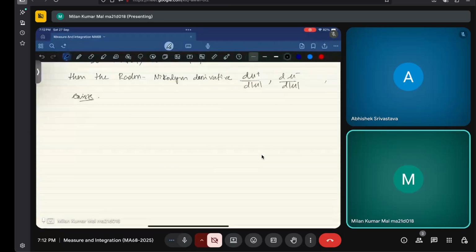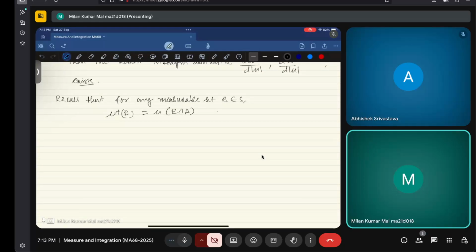So note that, recall that for any measurable set E, mu plus E is equal to mu of E intersection F. Obviously, let X equal A union B be the Jordan decomposition for mu.